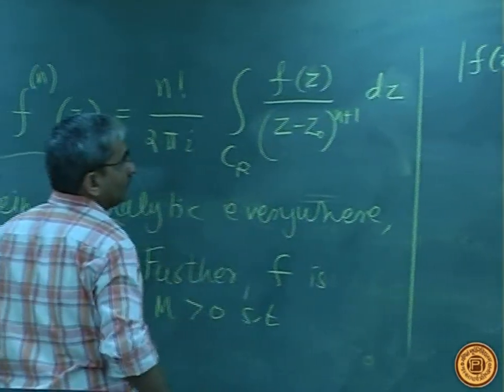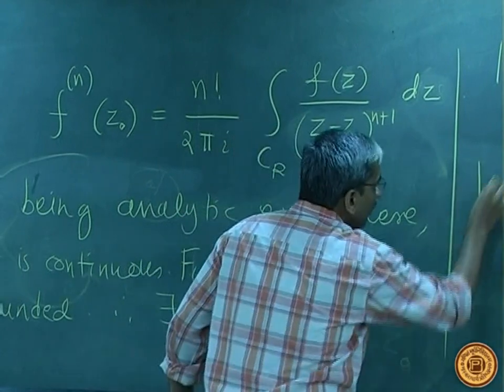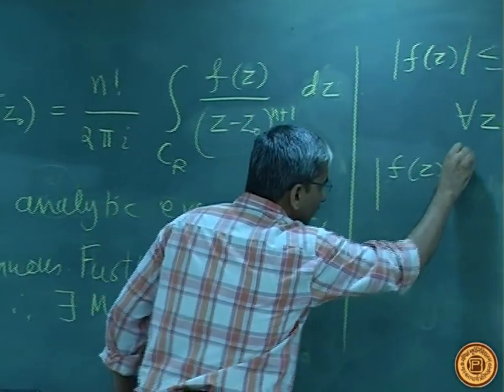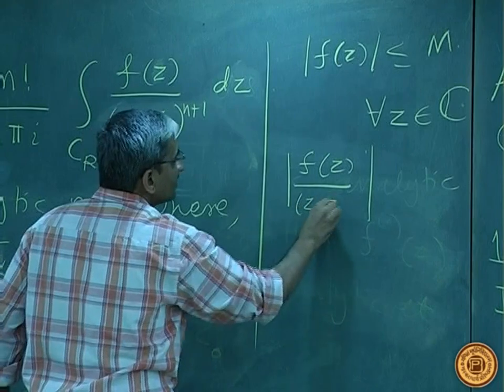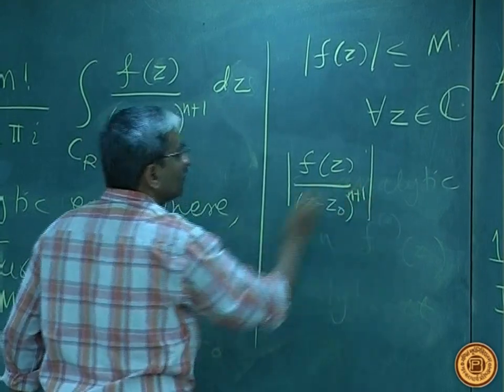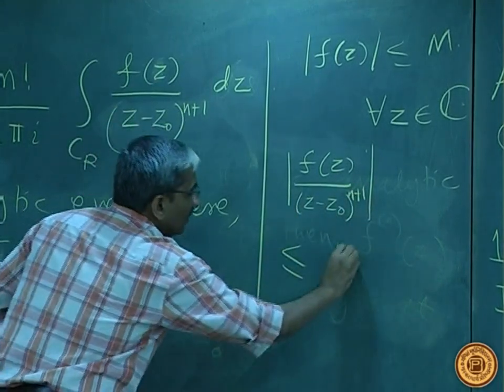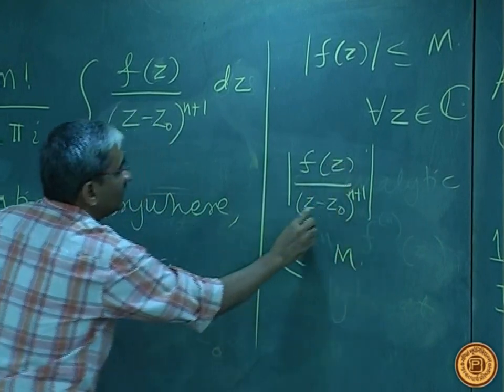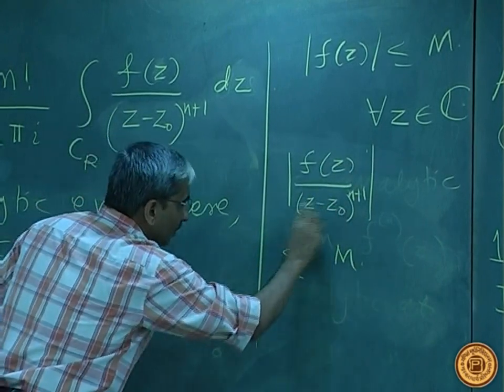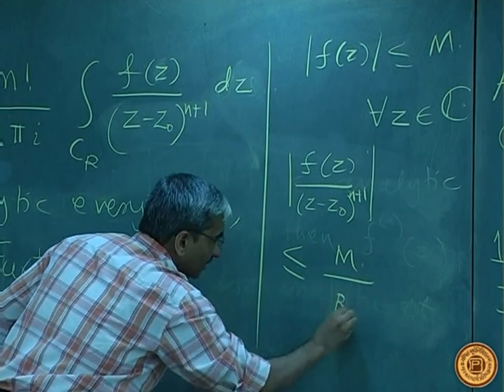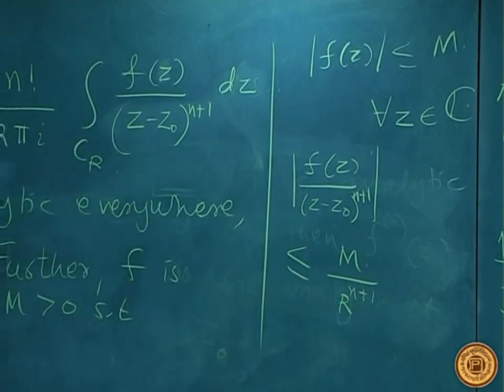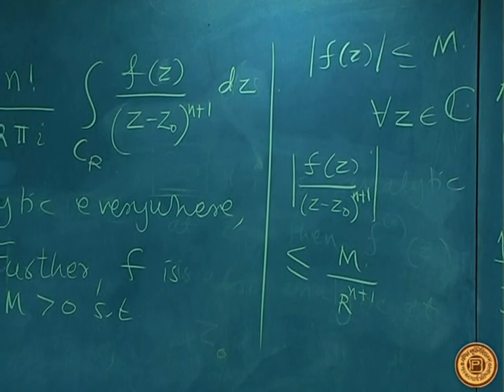So mod f(z) upon (z minus z0) to the power n plus 1 is less than or equal to M, and this mod is exactly equal to r, so this is r raised to n plus 1. This is true for all z.